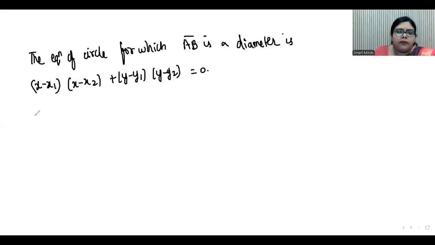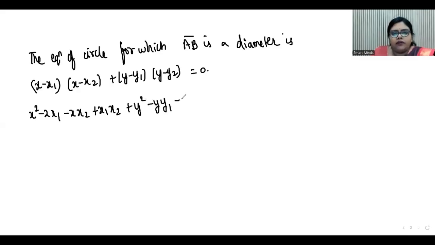Now if you multiply this, we will get x² − xx1 − xx2 + x1x2 + y² − yy1 − yy2 + y1y2 = 0.